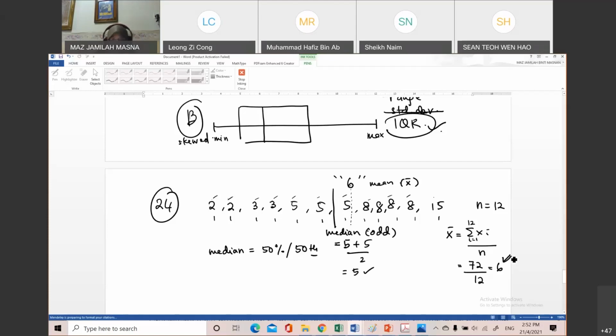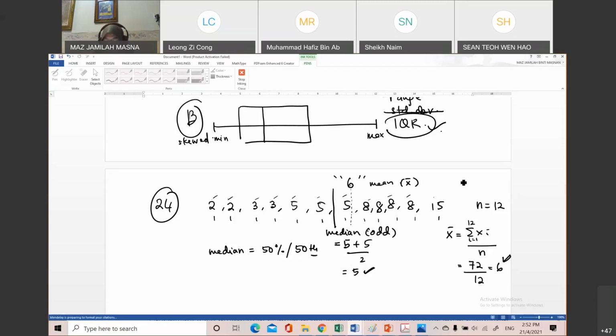The mean you get 6 and the median you get 5. Because the 8 appears too many times? Not really. Good try, but that is not the answer.